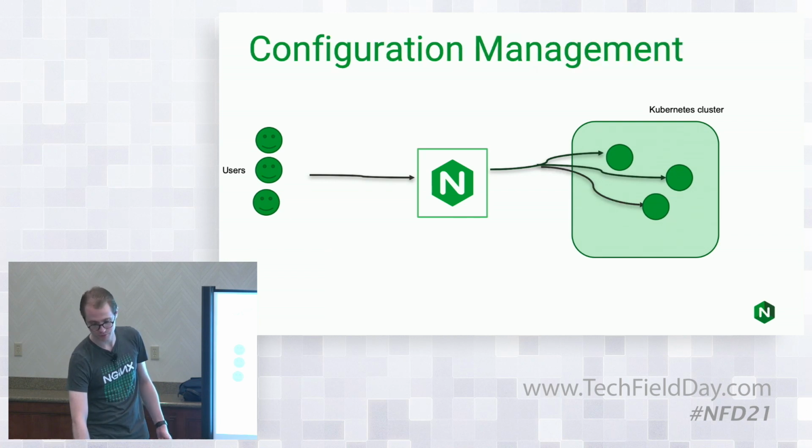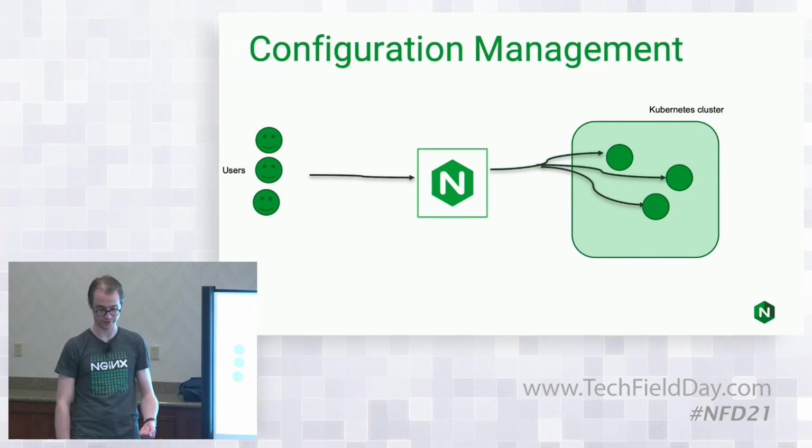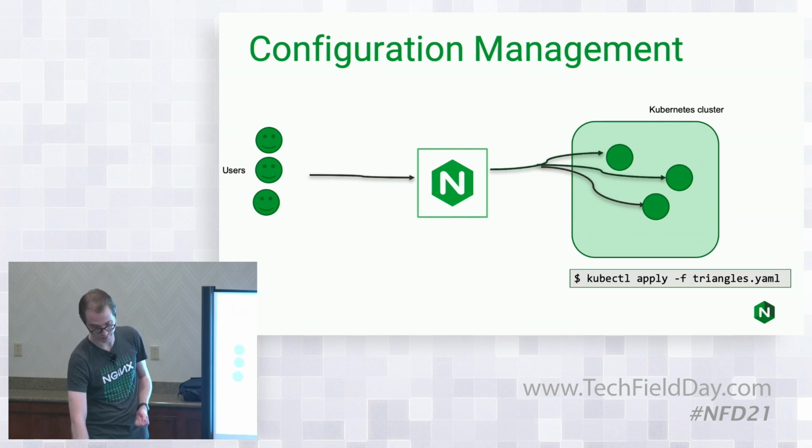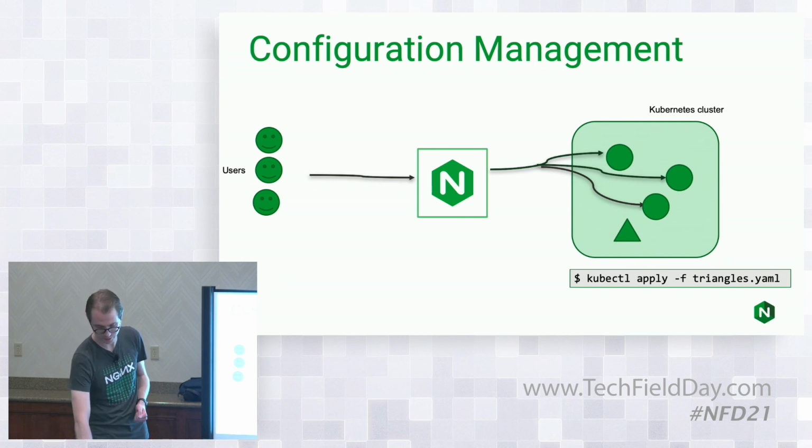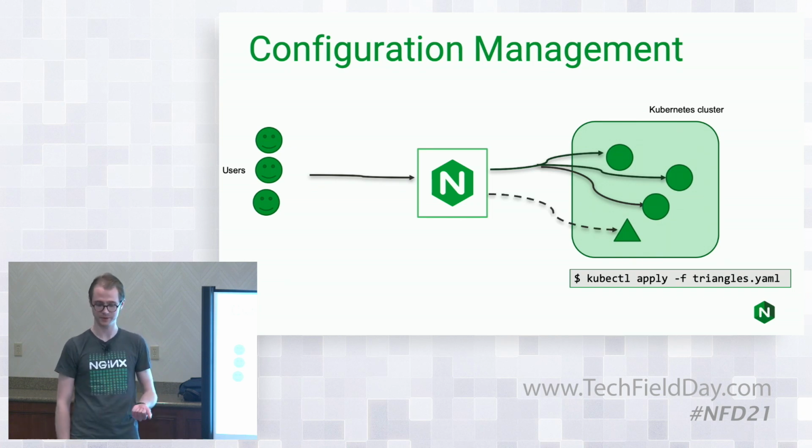But there is another type of change that can happen to your applications in the cluster, which is when you want to deploy a new application. For example, to our circle application, let's add a triangle application. We use the kubectl tool again to interact with our cluster. Now how do we update NGINX?